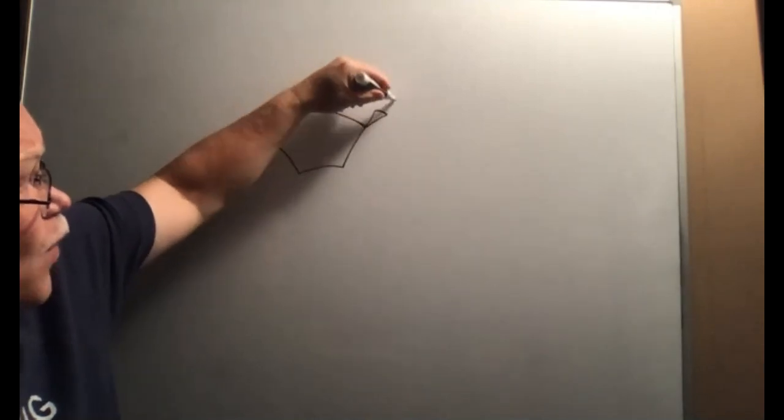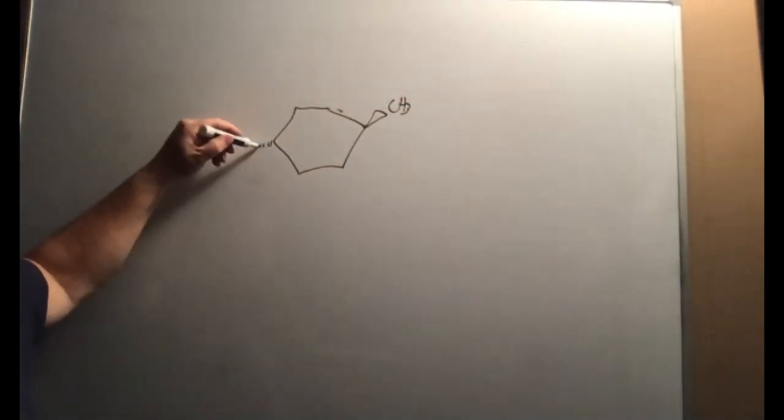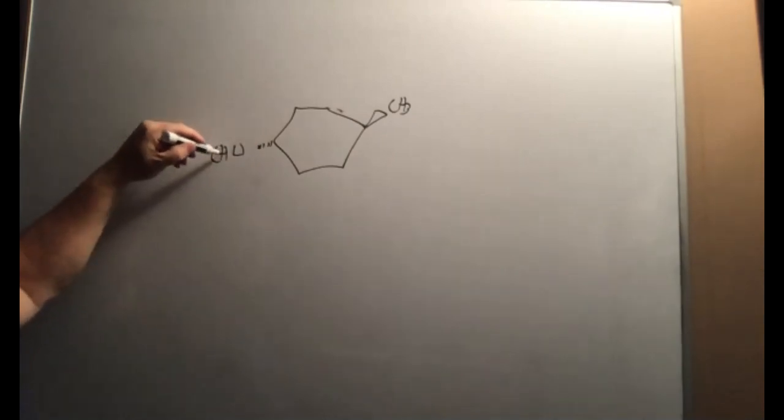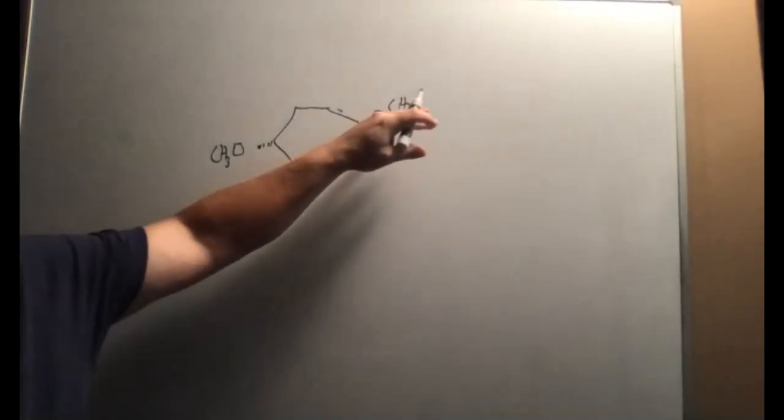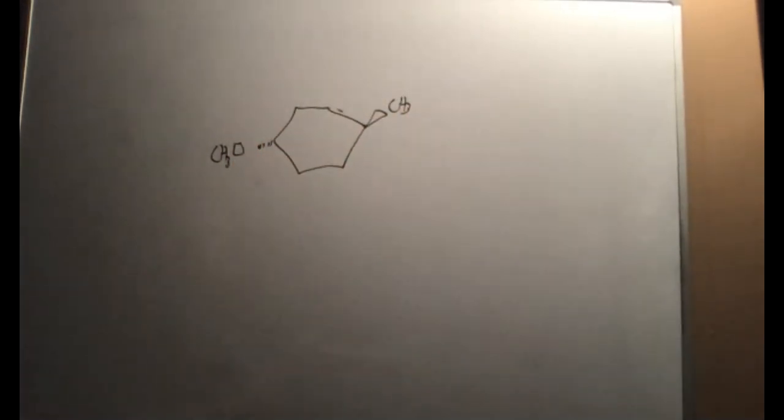I drew it the other way in my notes, but on the board I'm going to draw it this way just to show you that you can have both ways. Now, when you draw this group, make sure you show that the oxygen is the part that's attached to the ring. Don't write it OCH3, okay? Now, just as I showed in my notes that it was trans, notice I'm showing here that they're trans.